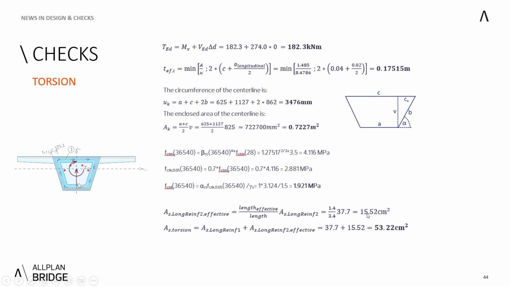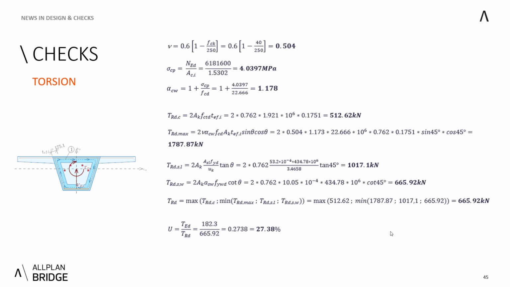Therefore, I consider only 15.52 centimeters squared, together with the reinforcement at the bottom, which is 37.7, which results into the considered 53.22 centimeters squared effective for torsion, also having in mind that it needs to be switched on in the input. And as I explained to you, you can see that value here, 53.2.